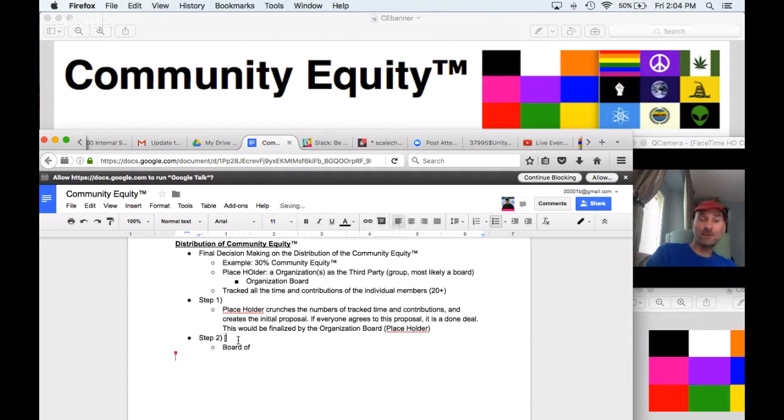So step 2 would be if there's a problem, right? If the board of the business or company had an issue with the way the community equity was distributed, then they could propose an amendment, right?